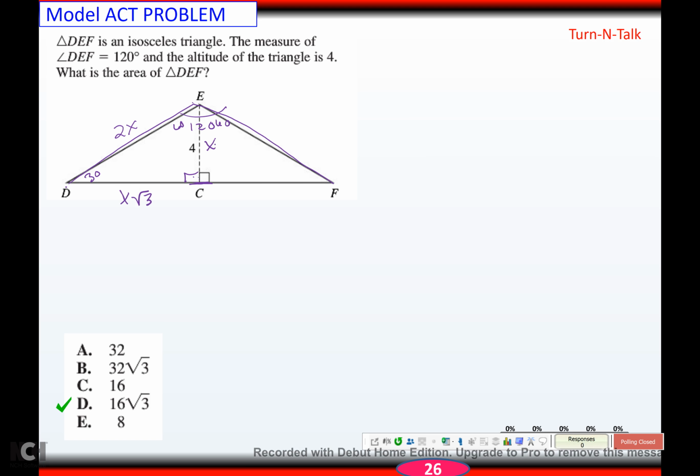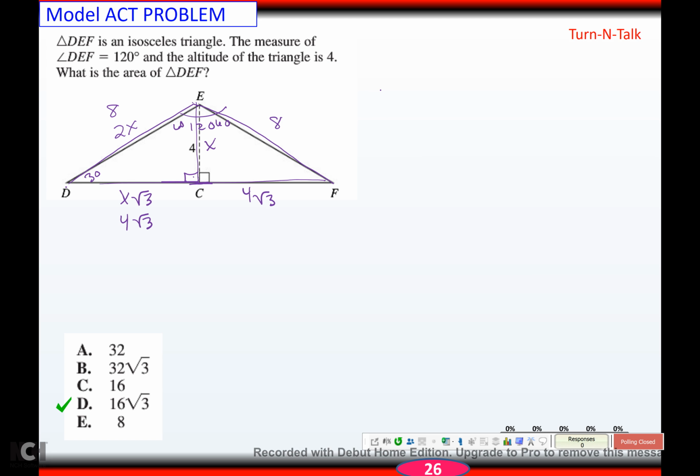Okay, so if I know x is 4, then I know that this side is 8, and I know that this side is 4 square roots of 3, which means this is 4 square roots of 3, and this is 8. So they want the area of triangle DEF. Well, that's going to be the base times the height divided by 2.